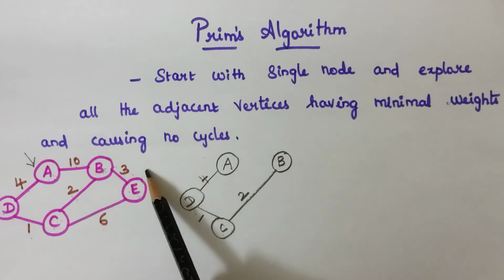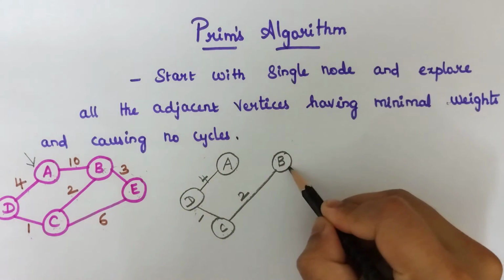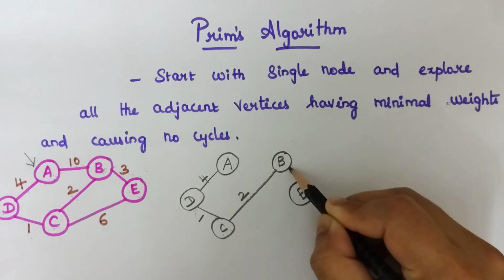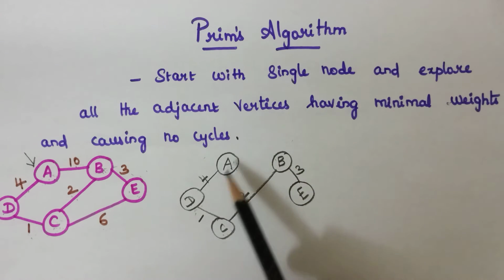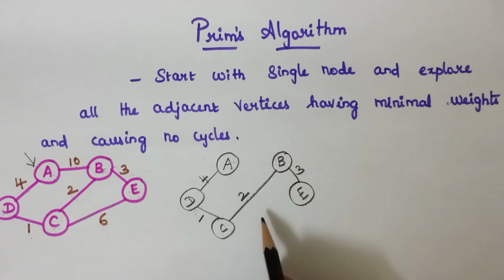Comparatively, B has the minimum weight. So now you can connect B with E having the weight 3. If you see, you don't have any other unvisited vertices. All the vertices are visited here, with the minimum edge weights, and there are no cycles as well.